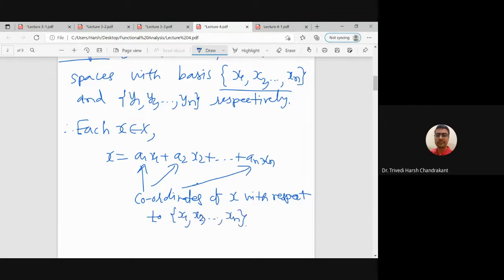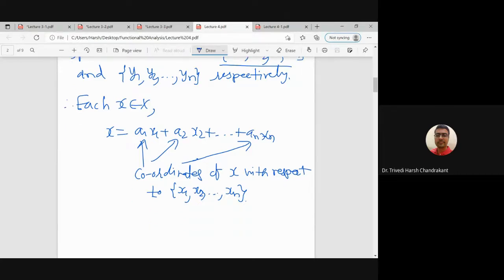If you take Rn with the standard basis e1, e2, ..., en, then a1, a2, ..., an are coordinates in the usual sense. But in general, we can write coordinates with respect to any basis.